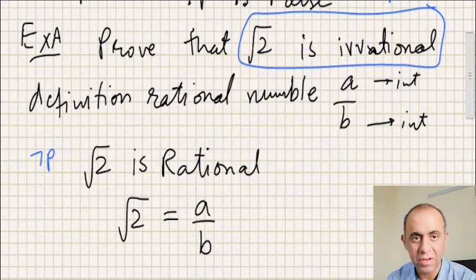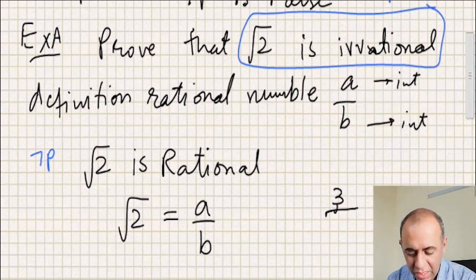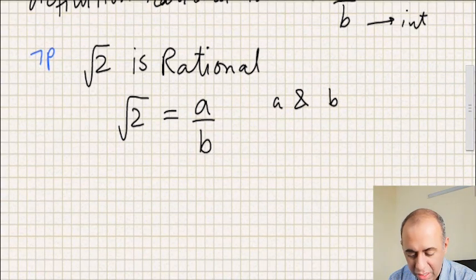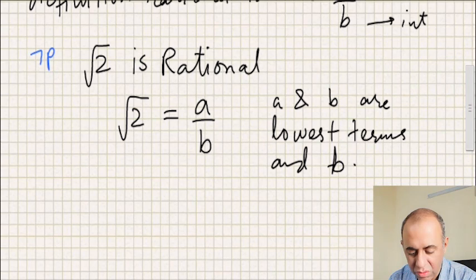They don't have any more factors that we can cancel out, meaning that, for example, a could be 3 and b could be 4, so there is no common factor that we can cancel out and make the fraction 3 over 4 become something else. a and b are lowest terms and b cannot be equal to 0. So this is another thing we need to mention.